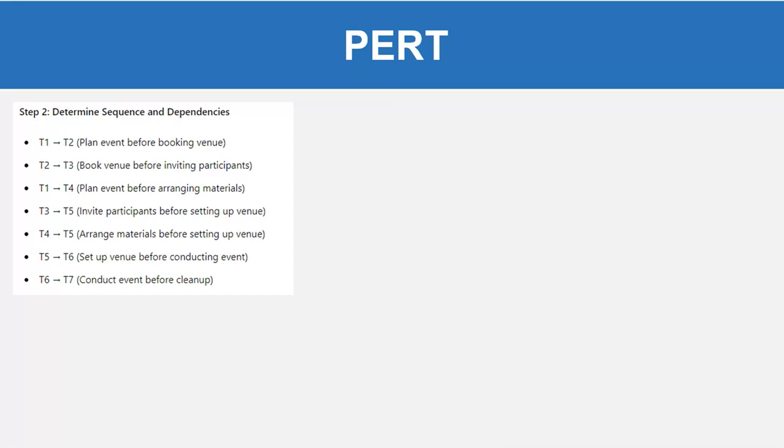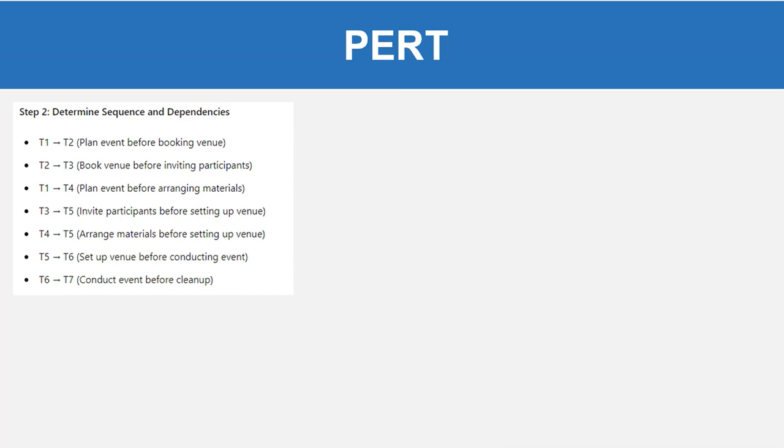Step 2, determine the sequence and dependencies. Task 2 is dependent on task 1, which means plan the event before booking the venue. Task 3 is dependent on task 2, which means book the venue before inviting participants. Task 4 is dependent on task 1, which means plan the event before arranging the materials.